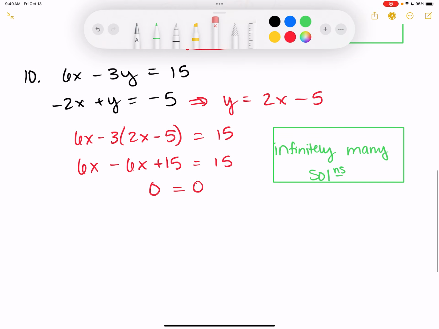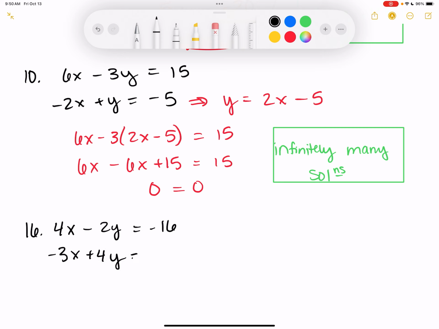So we'll look at that too. Okay. Number 16. We've got 4x minus 2y equals negative 16 and negative 3x plus 4y equals 12. And so, again, with this method, we can still get infinitely many or no solution.